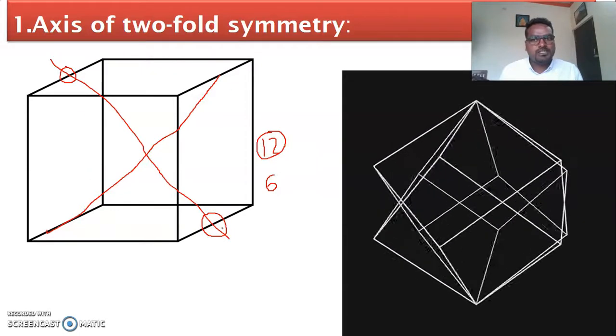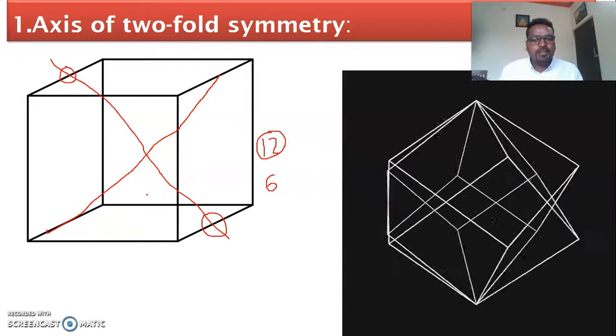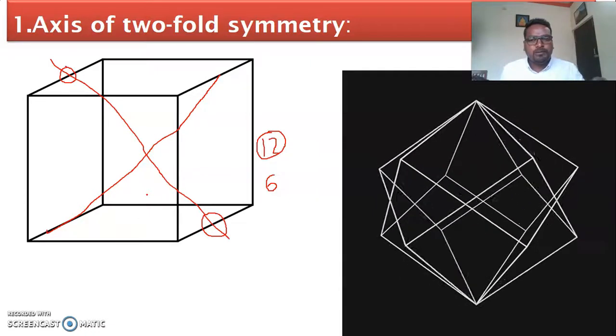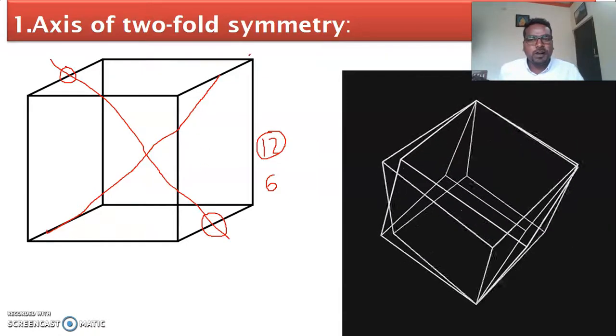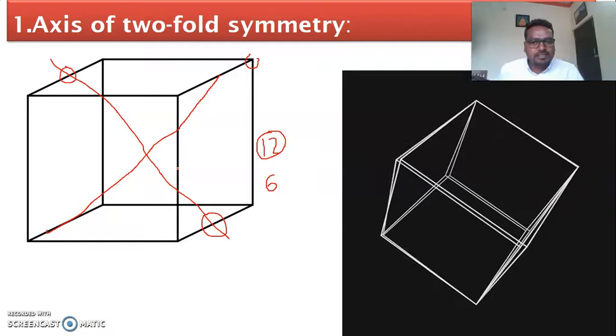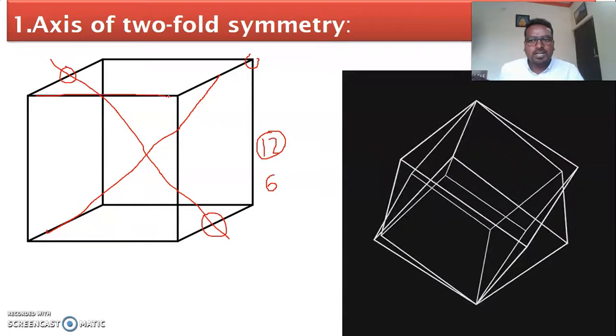So there are 12 edges. I am going to pass the line between the opposite edges, through the center of two opposite edges. This is a corner, this is a face, and this is an edge. There are 12 edges in a cubic crystal.